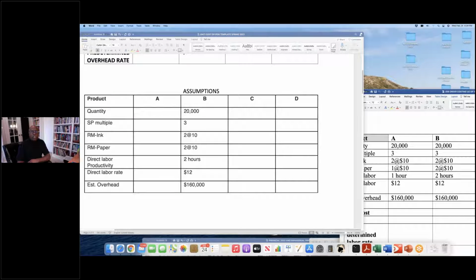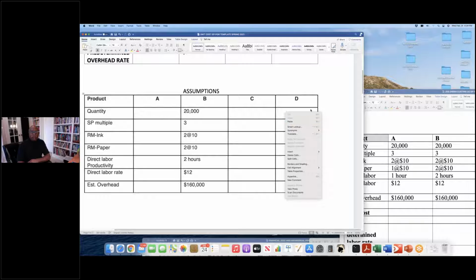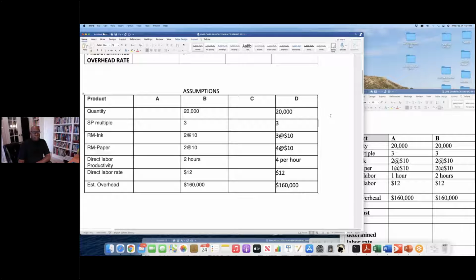Let me see if it'll work. Okay, I just copied those assumptions in for her so it wouldn't take that much time. There should not be any questions on that. We'll just put B and D in.